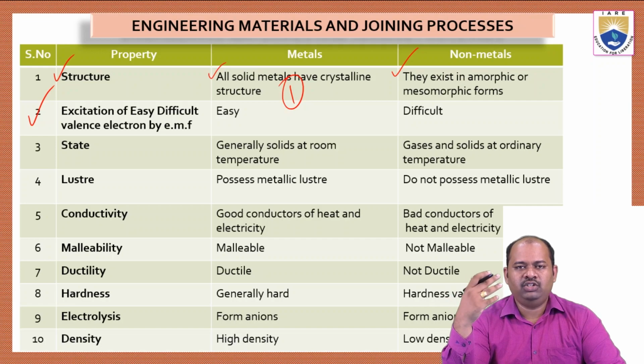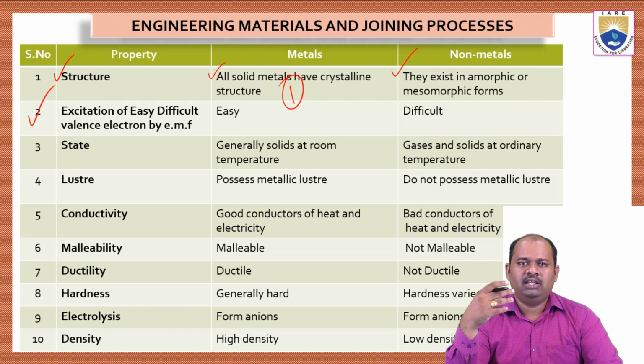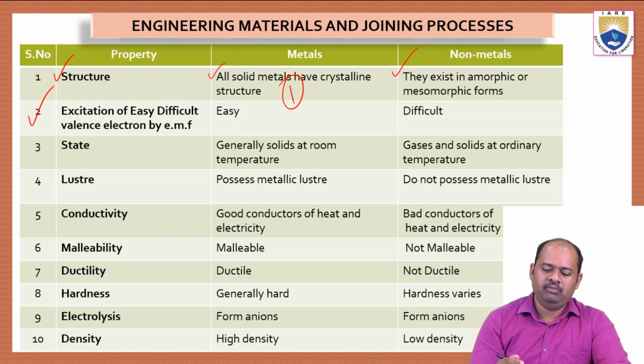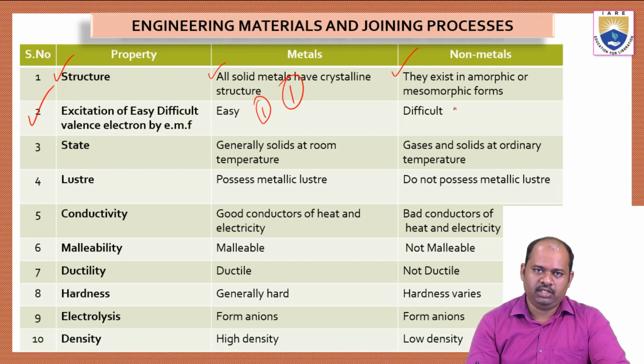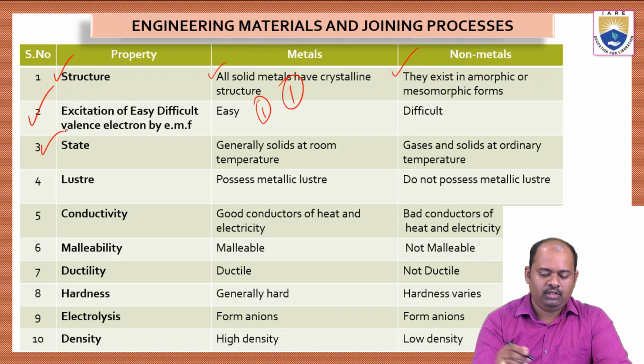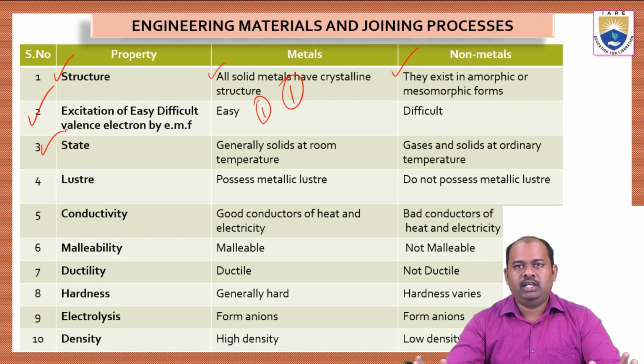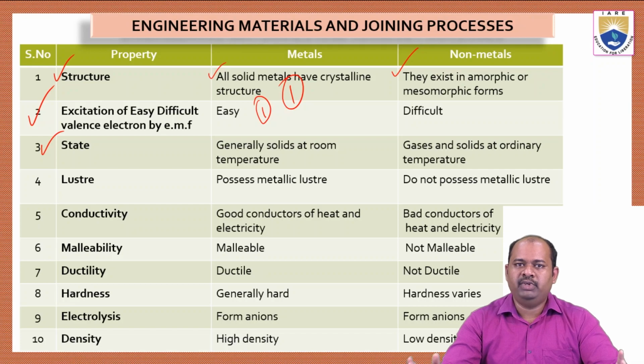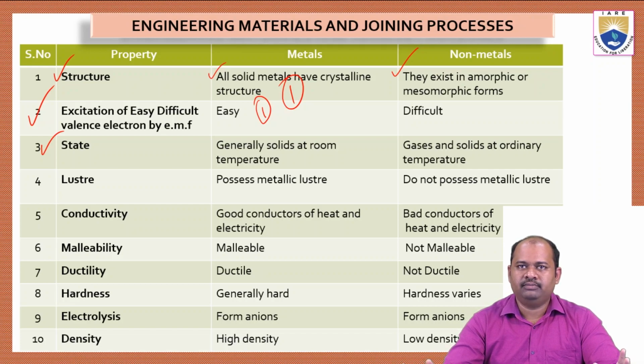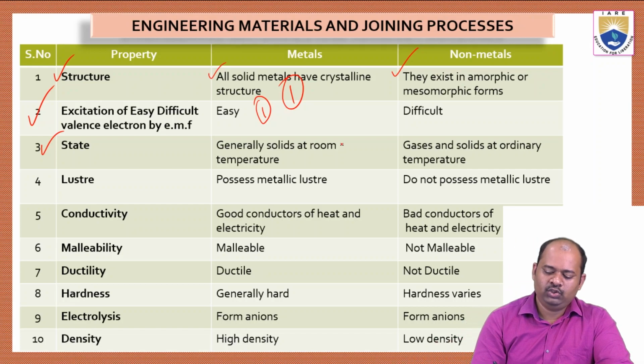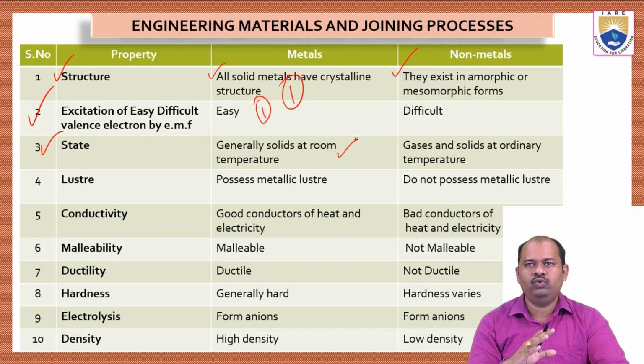So the excitation of electrons by using some kind of EMF, electromotive force, is very simple and easy in metals. It is very hard in case of non-metals. That is why metals have got another point. Now, when we compare the state of these two materials, metal and non-metal, metals are generally solid at room temperature. Most of the metals are solid.